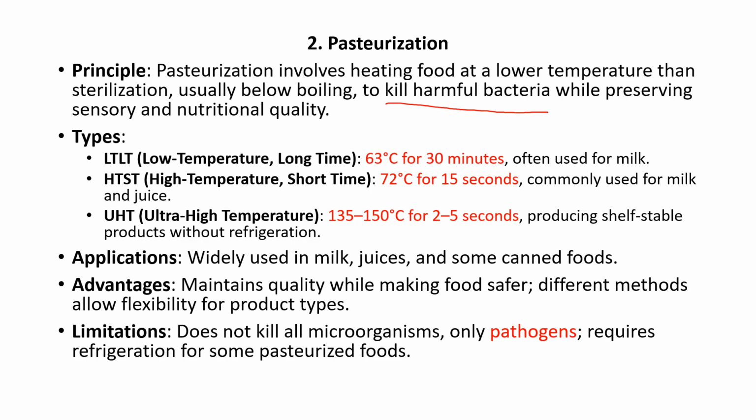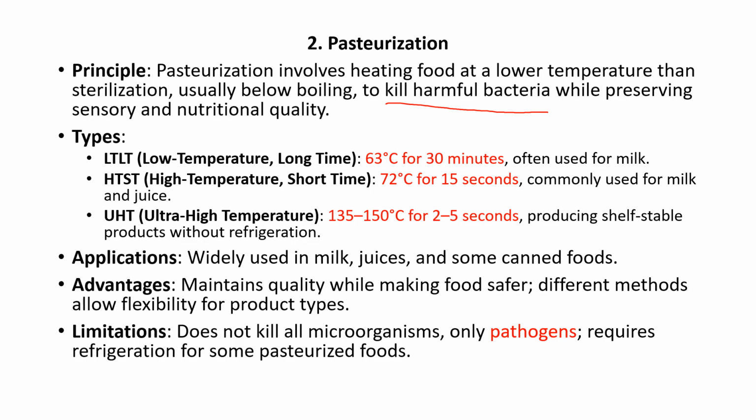Next, the applications: pasteurization is usually used for milk, and also for juices and some canned foods. The advantages of pasteurization include maintaining quality while making food safer. So the quality is maintained while the food is safe to be consumed. Different methods allow flexibility for product types.